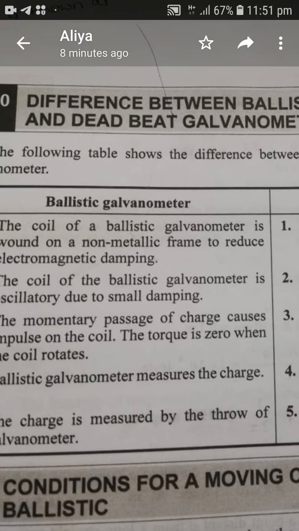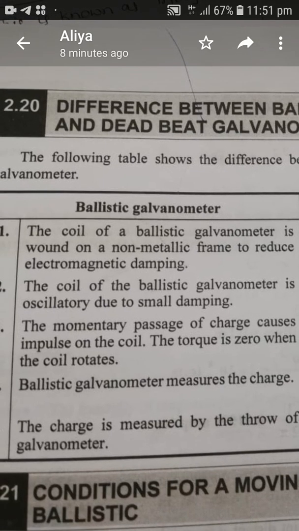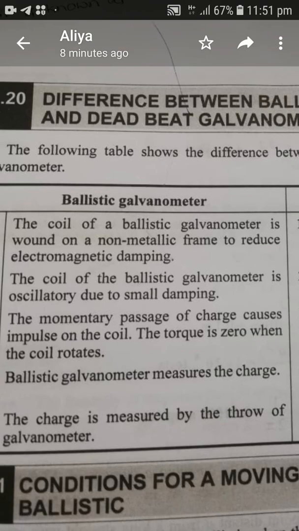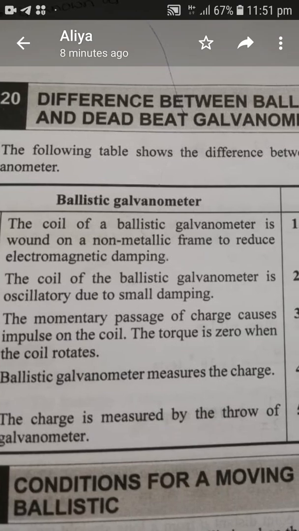Once again, the damping which arises due to induced EMF in the coil during its motion in the permanent magnetic field is nothing but electromagnetic damping. So the coil of a ballistic galvanometer is wound on a non-metallic frame to reduce electromagnetic damping.